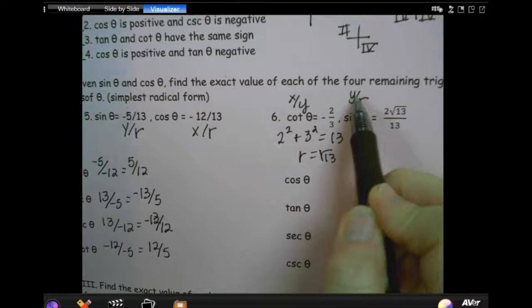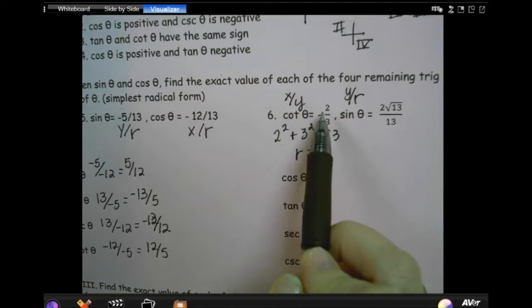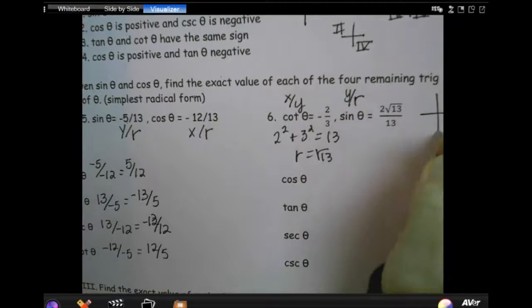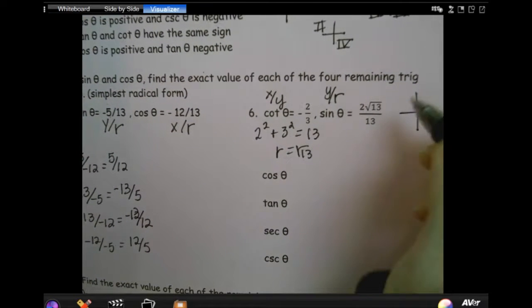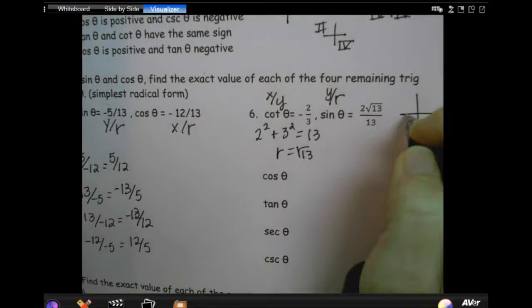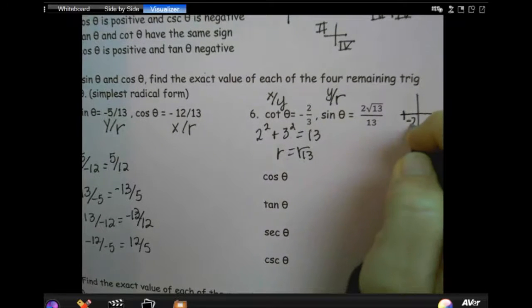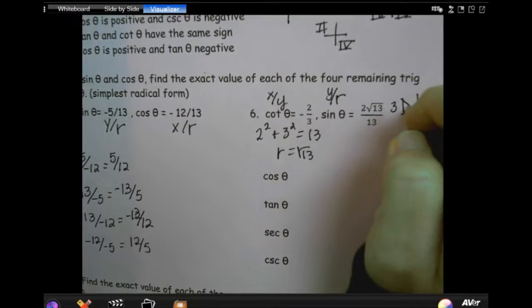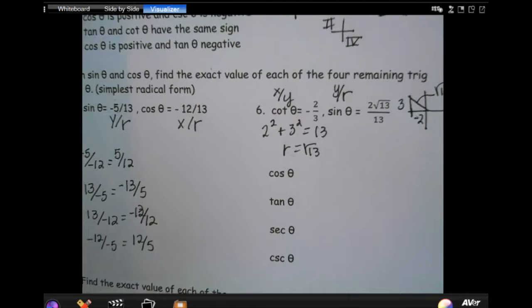So the y has to be positive. So if the y is positive, what has to be true of the x? Negative. So when I'm drawing my circle, which way do I draw it? So I have to go negative 2, which is this way, but up 3, and then here's my radius, which is the square root of 13.